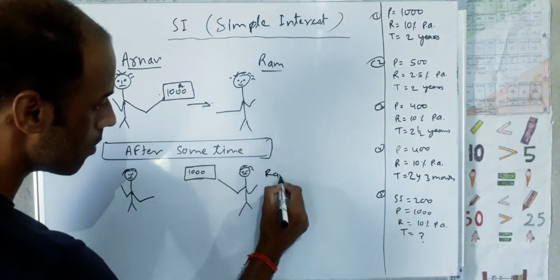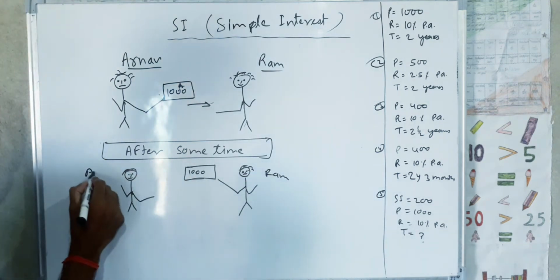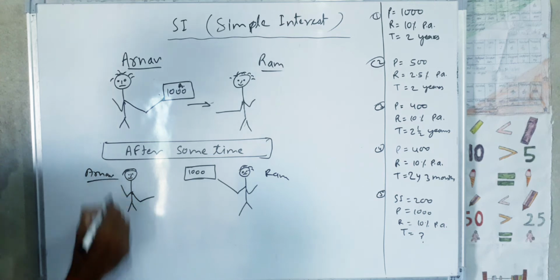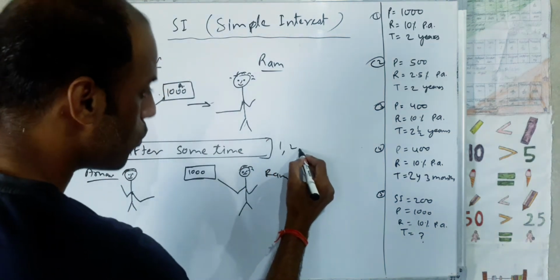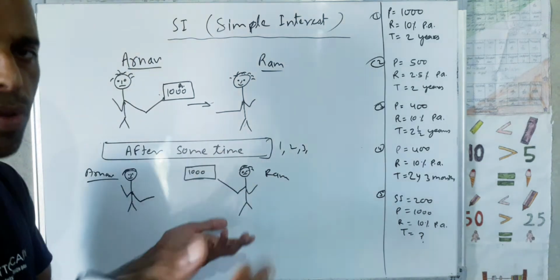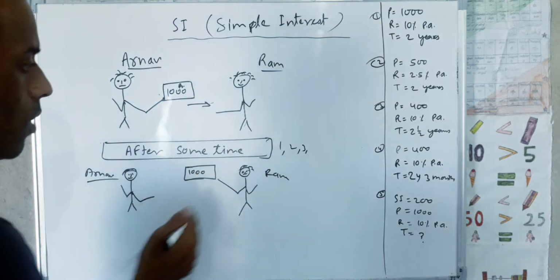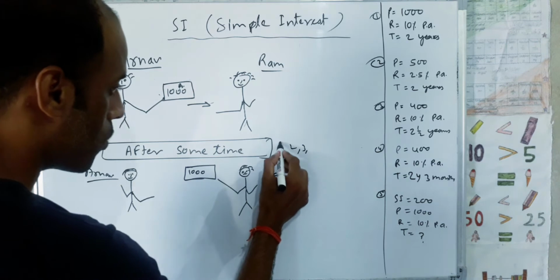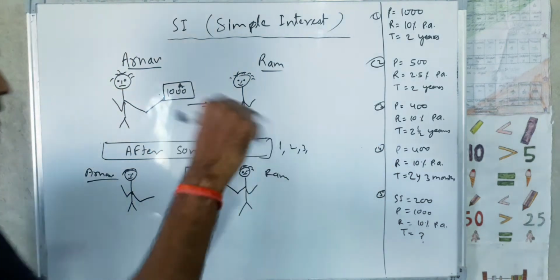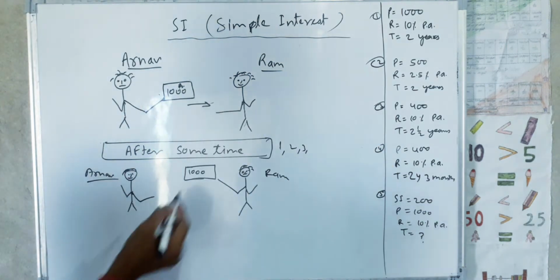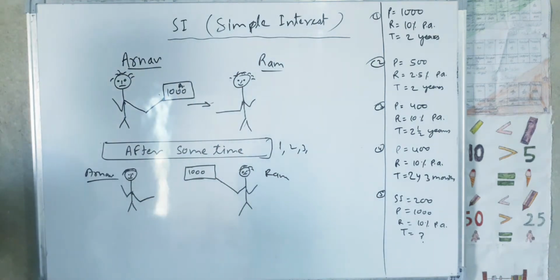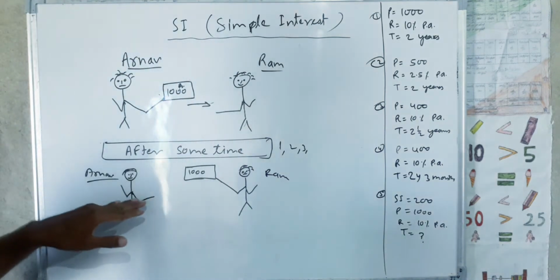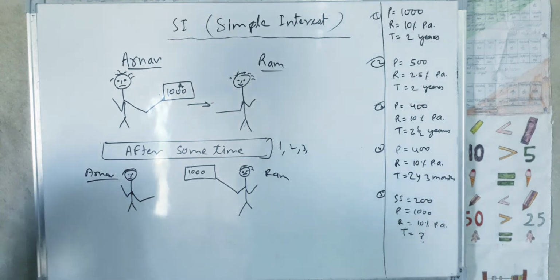After 1 year, maybe 2 years, maybe 3, 4, 5 years, Ram will have to pay 1000 rupees to Arnav.